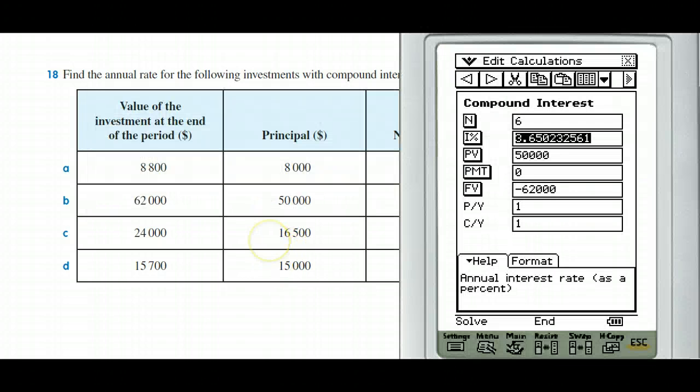Okay, for the next one it was 5 years. We don't know I. The beginning value was 16,500 and the final value was 24,000. So I must have been, got to make it a negative, I must have been 7.78.